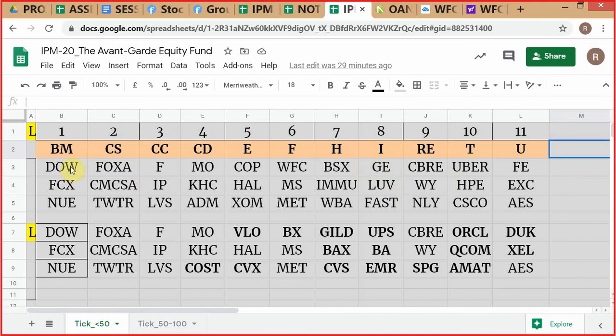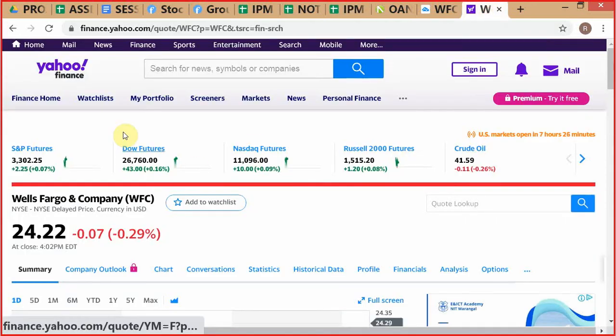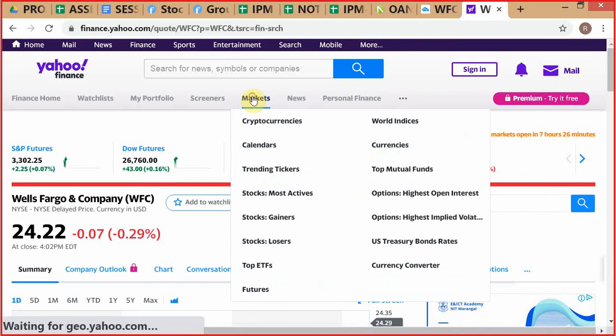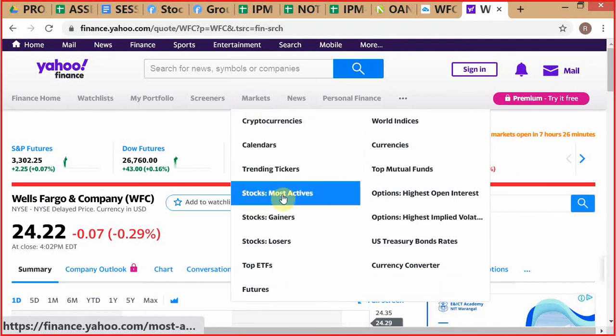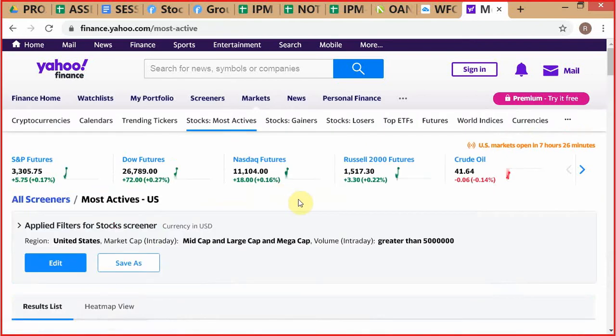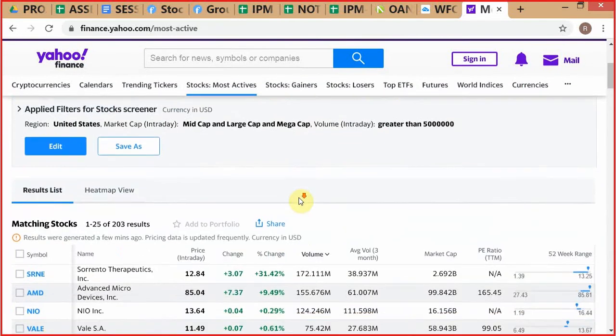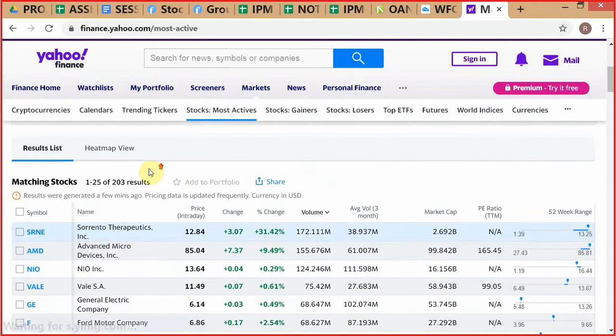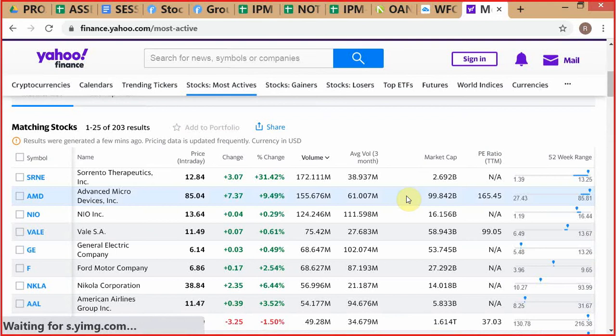This is basically what you're going to be trading, which means I wanted to give you some kind of structure. If you look at markets, at stocks, at most active stocks, you have 203 results here. The question is, it can be a little confusing, which stocks should I choose?